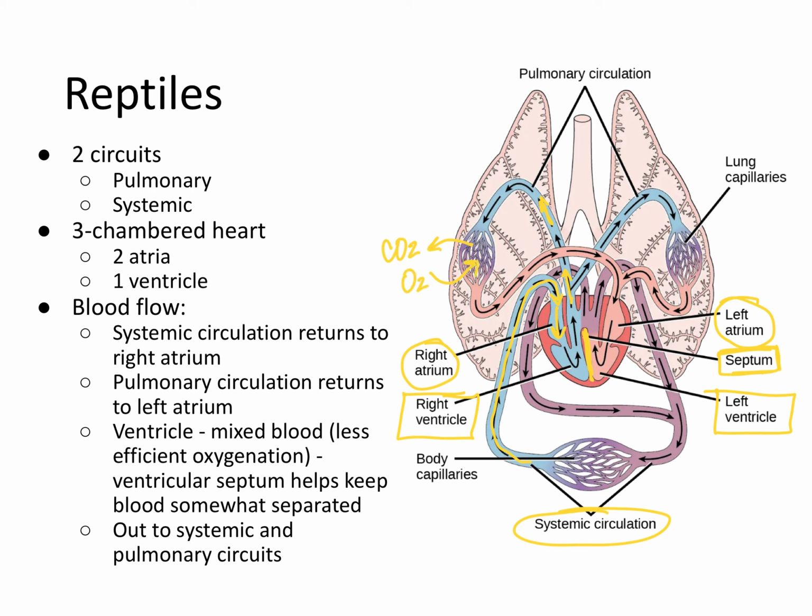And then that oxygenated blood is returning to the left side of the heart, where it is then going to get pumped out to the systemic circulation, where it is going to be dropping off oxygen and picking up carbon dioxide. And then that deoxygenated blood goes back to the right side of the heart.